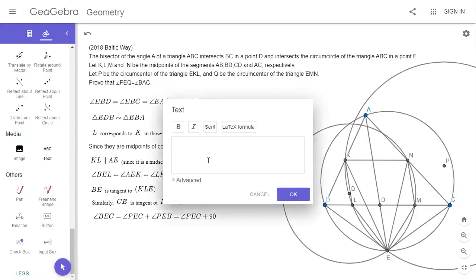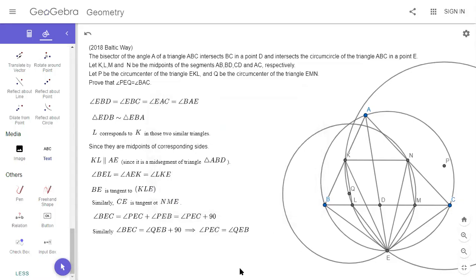And then similarly, angle BEC is equal to angle QEB plus 90. So that means that angle PEC equals angle QEB.